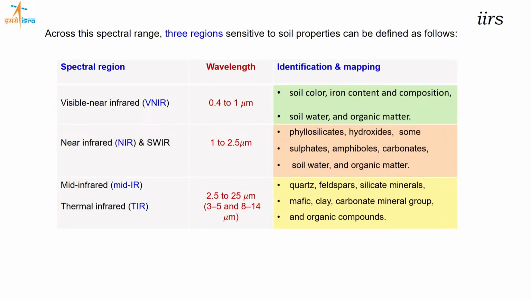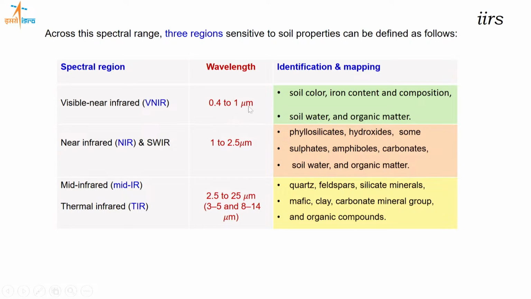Here I have shown you the wavelength region, and in this wavelength region you can map the composition of the soil, that is organic matter and water mapping.